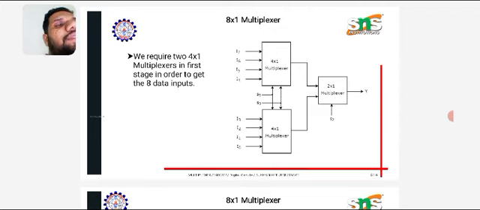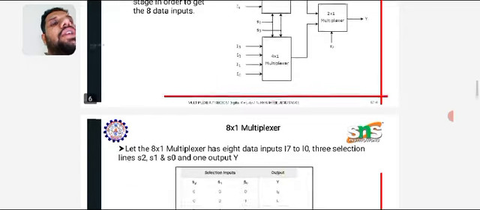In total you will have 3 selection lines, S0, S1 and S2, as you can see in the diagram. Two selection lines act commonly for the two 4x1 multiplexers, and one selection line S2 acts as the selection line for the 2x1 multiplexer. So this is nothing but cascading of 4x1 multiplexers with the help of one 2x1 multiplexer, and you get the 8x1 multiplexer.